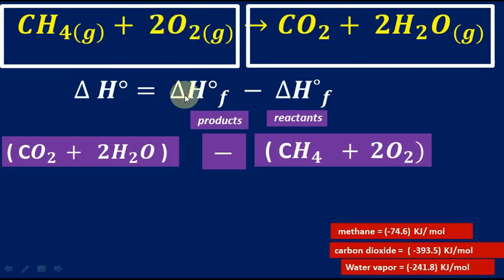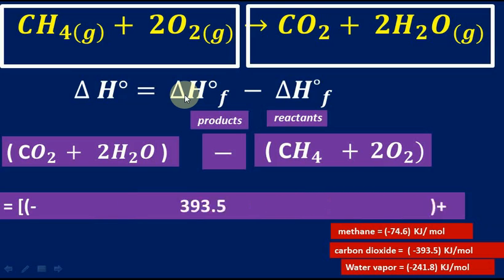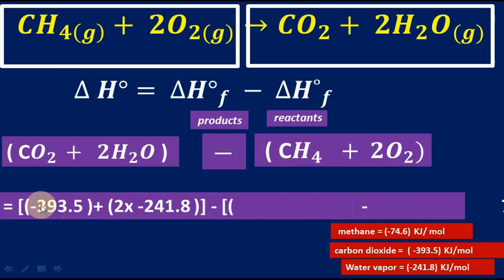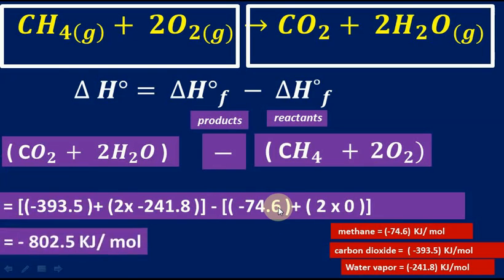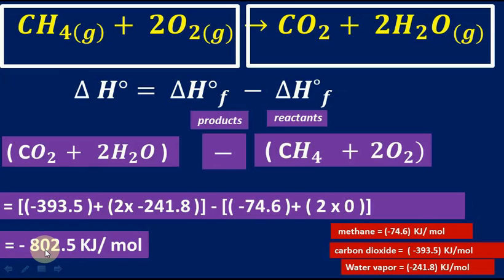I can substitute, focusing on the signs and number of moles. You should put the number of moles and the sign from the givens. So I will have minus 802.5 kilojoule per mole.